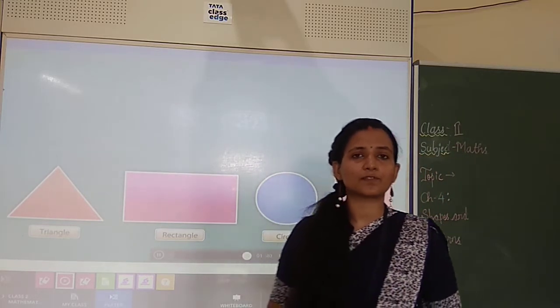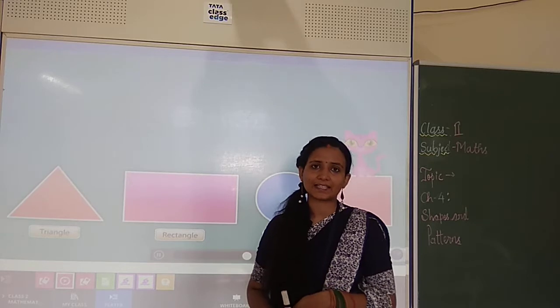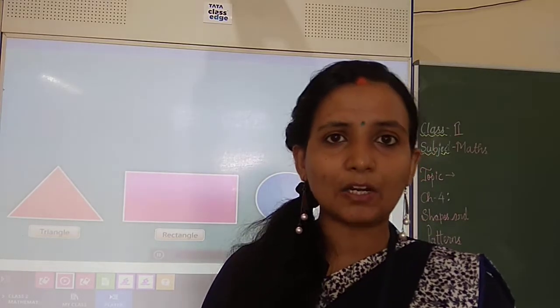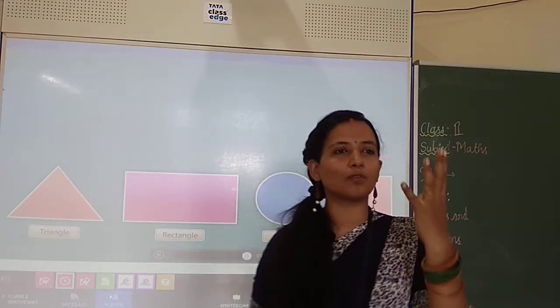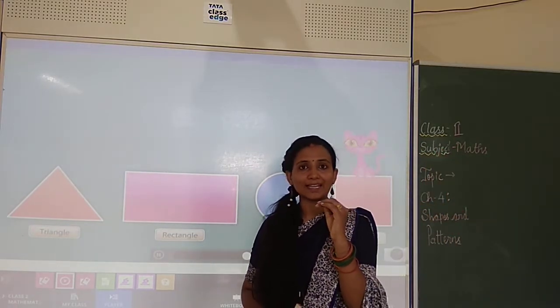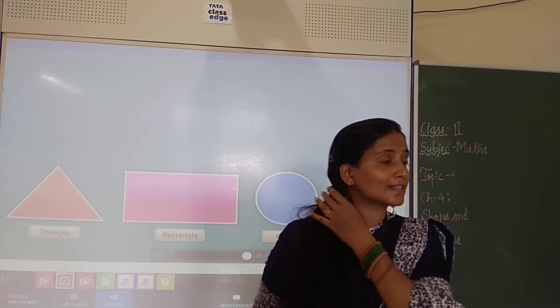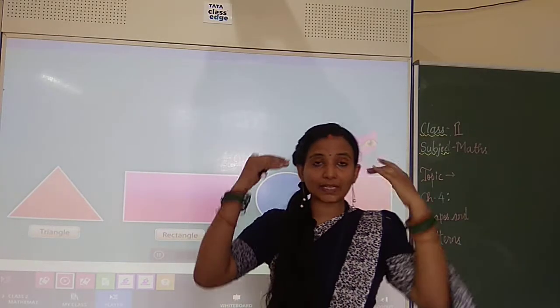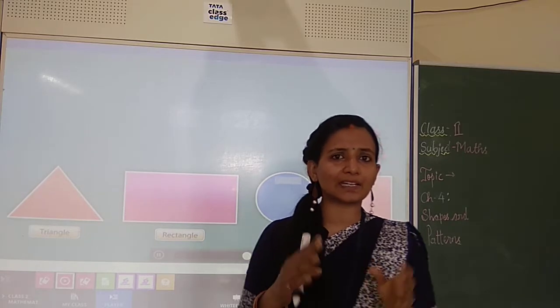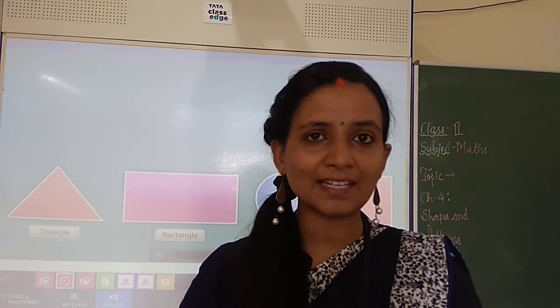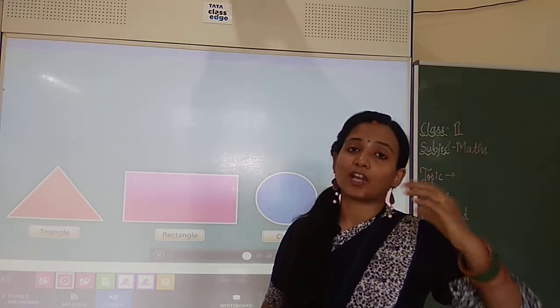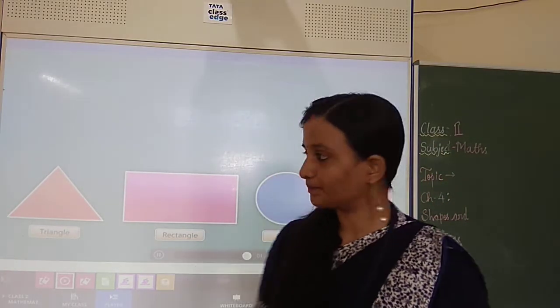Where have you seen a triangle in your life? Do you like to eat samosas? It looks like a triangle. If you make a picture of it, it will look like a triangle. When you celebrate your birthday, you wear a birthday cap. That also looks like a triangle. So those are all examples of shapes that look like a triangle.